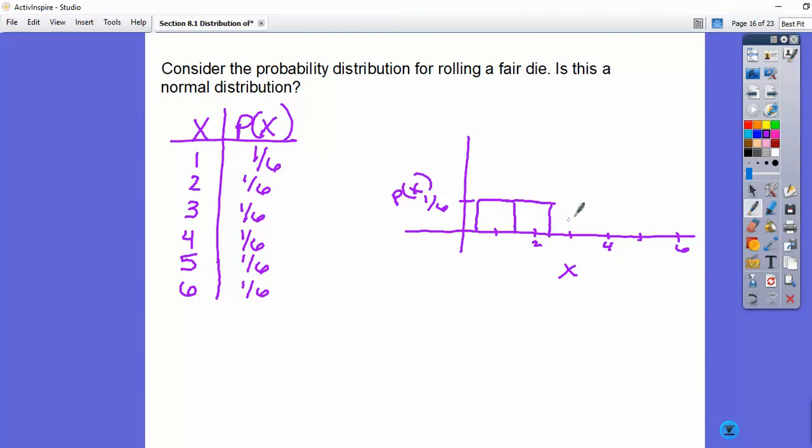Probability of a 2 is 1/6. 3 is 1/6. 4 has probability 1/6. So does 5, and so does 6. So what is the name for this probability distribution? What do we call those?